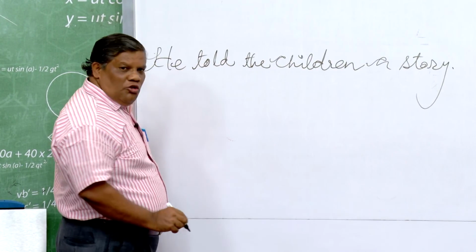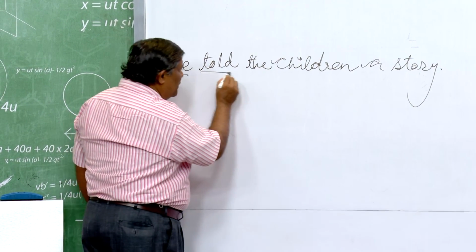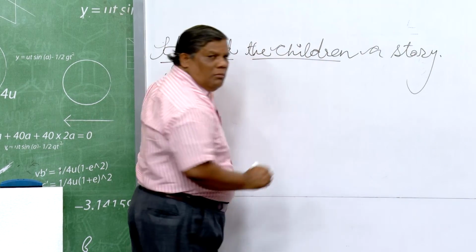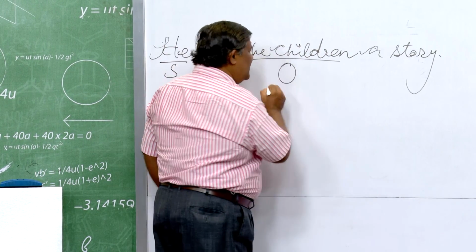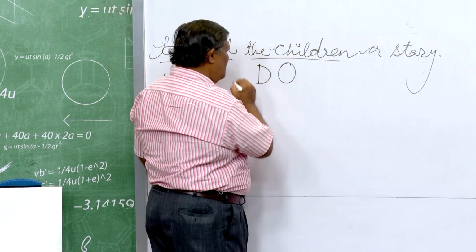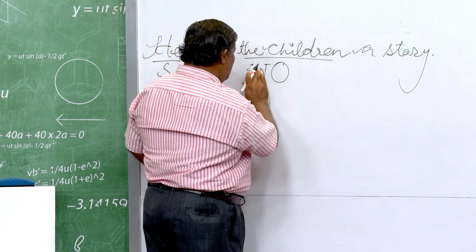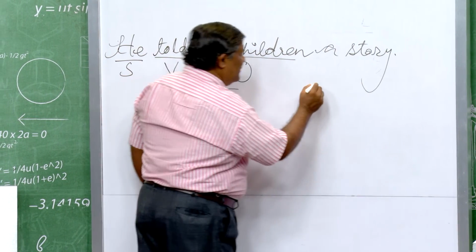He told the children a story. Here, he is the subject of the sentence, told is the verb, and the children, he told whom? This is called IO, and here this is DO.